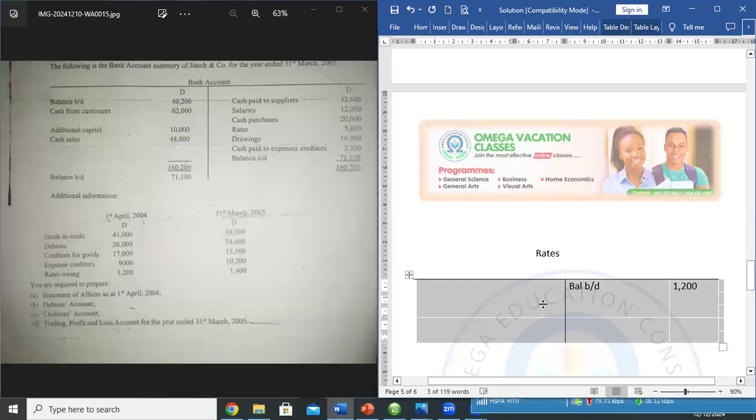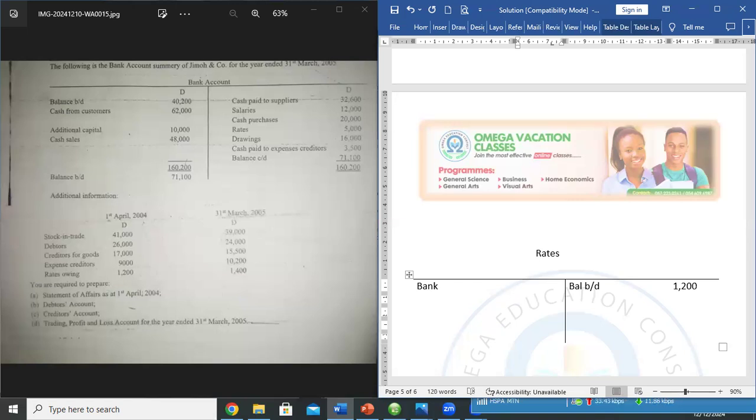Okay. Then we look at how much we paid during the year. So during the year, we paid rates of 5,000, as you see in the bank account. So that will be here, bank, $5,000. Then we finish it up with the closing balance of 1,400. So obviously, if the brought down is at the credit side, the carry down, the closing balance, will be at the debit of 1,400.